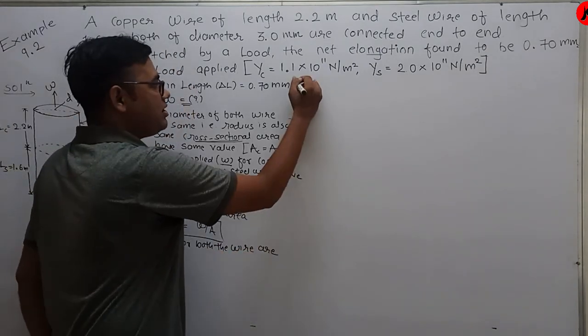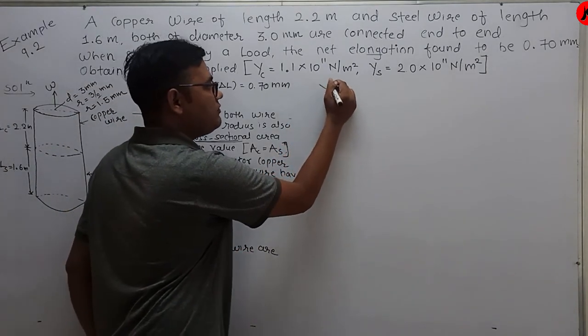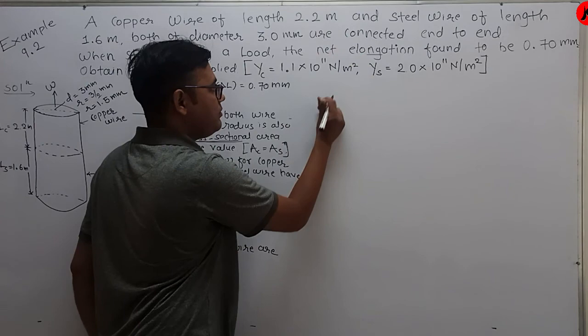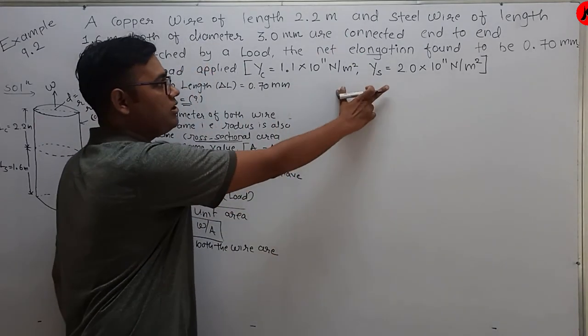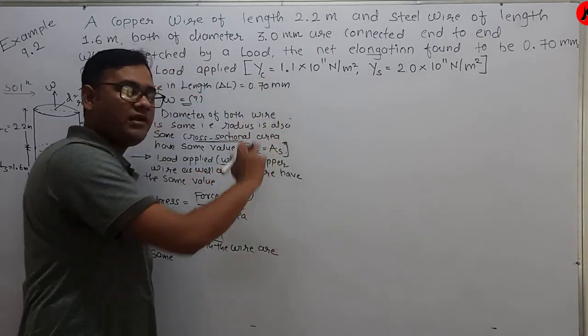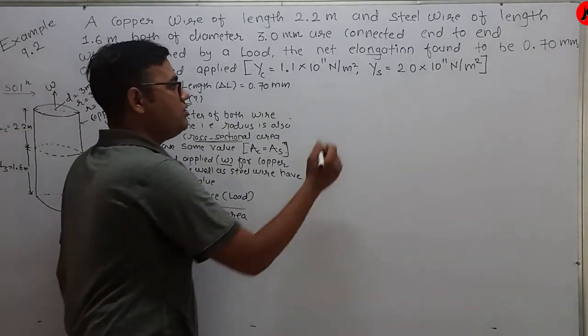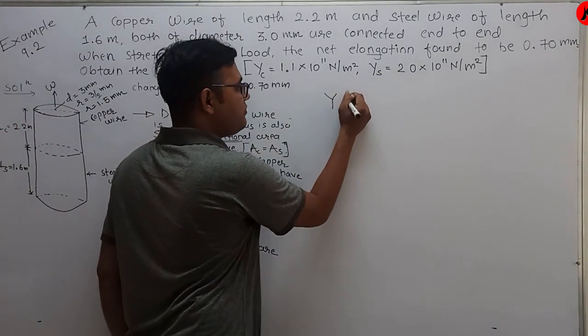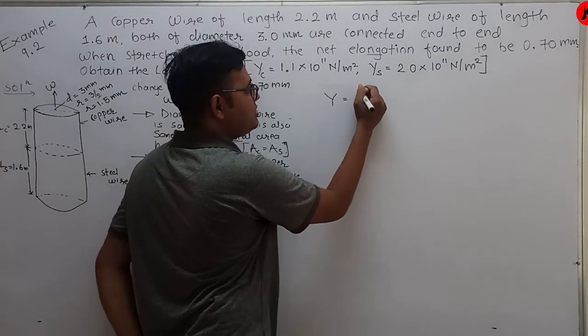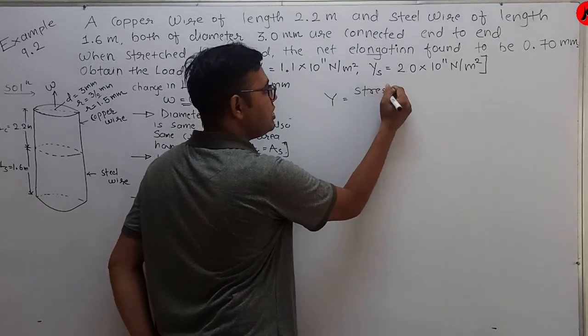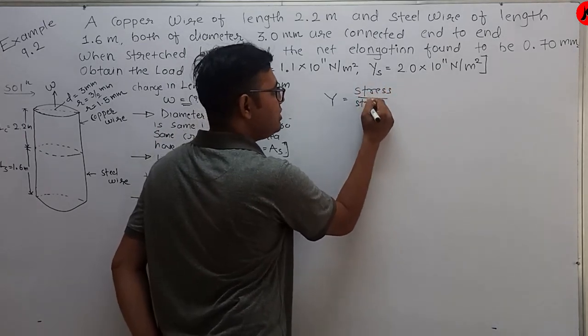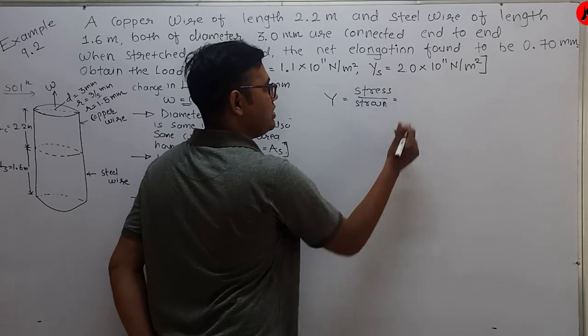Now let's write the equation for Young modulus Y, because we are already given the value of Young modulus for copper wire as well as steel wire. So we know Young modulus Y is given by stress divided by strain, right?